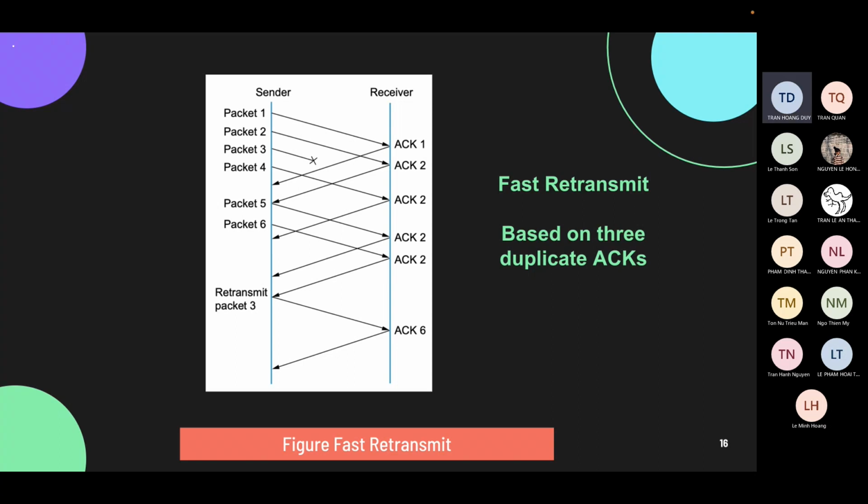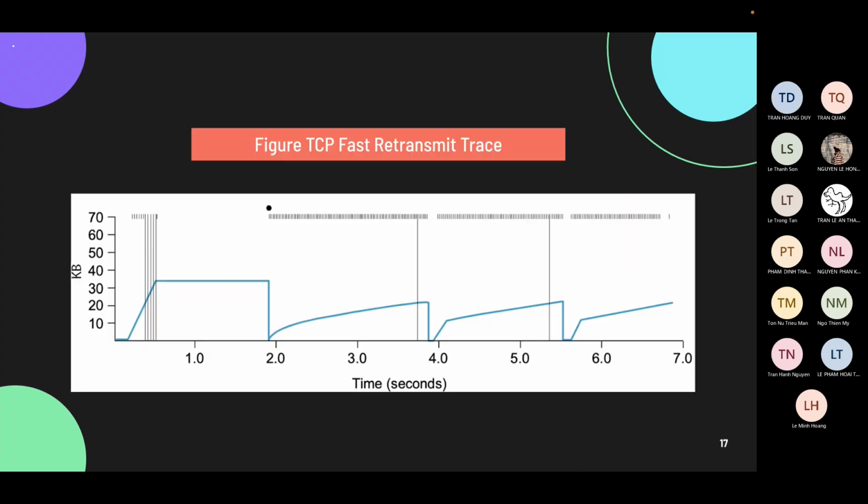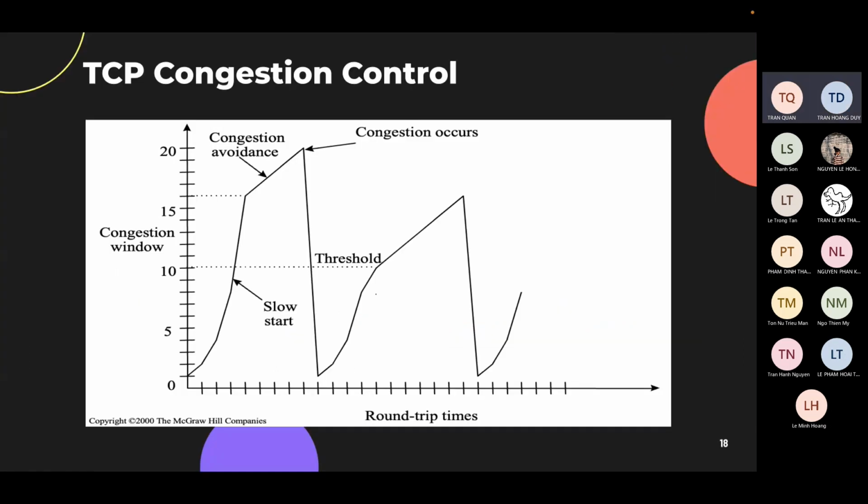And the next one is the figure about the TCP fast retransmit trace. And the last one is the TCP congestion control.